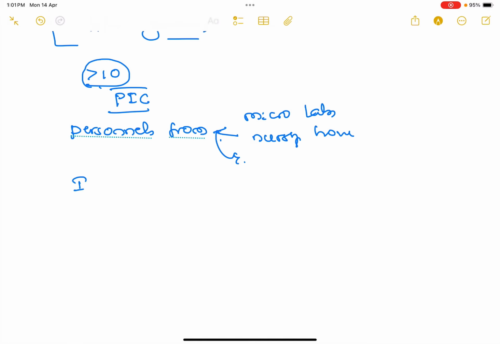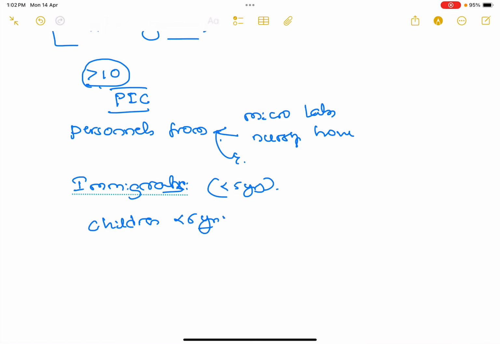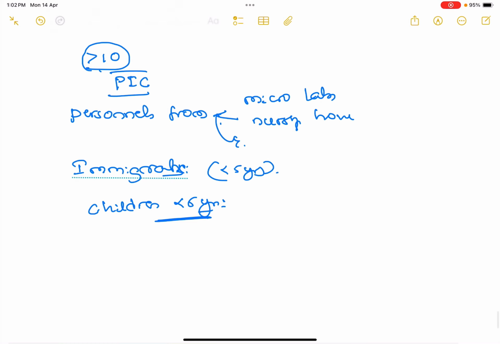Next, I stands for recent immigrants, that is, immigrants from a tuberculosis endemic area. Recent immigrants means less than 5 years. C stands for children less than 5 years. Children less than 5 years, you can consider more than 10 mm as positive.